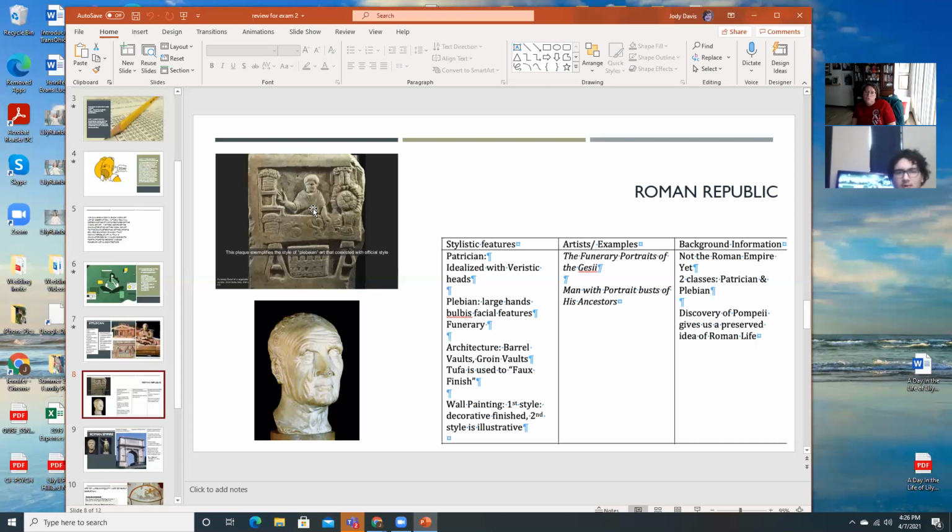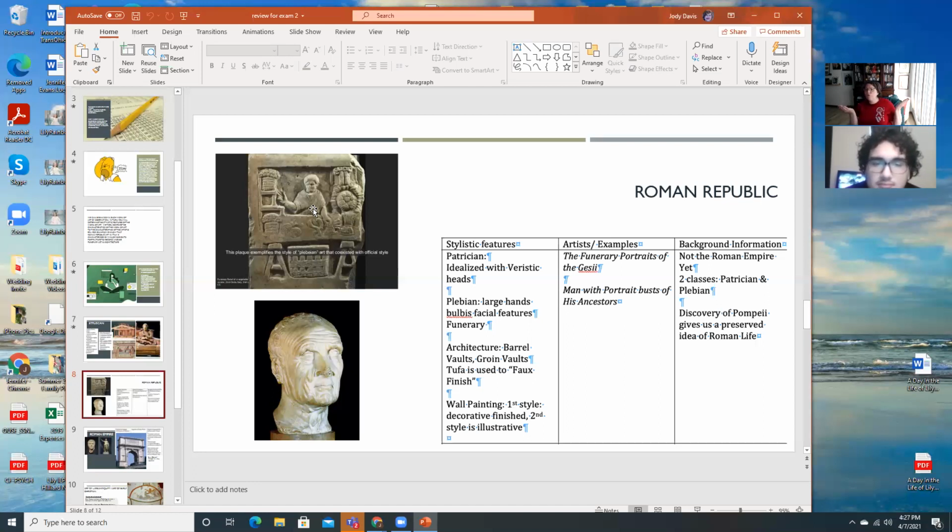Are all plebeian artworks in the period of the Republic funerary? Yes. During the Republic, all plebeian work is funerary. And all patrician work is either there to record their lineage, or they're being honored by the plebeian in a funerary piece.